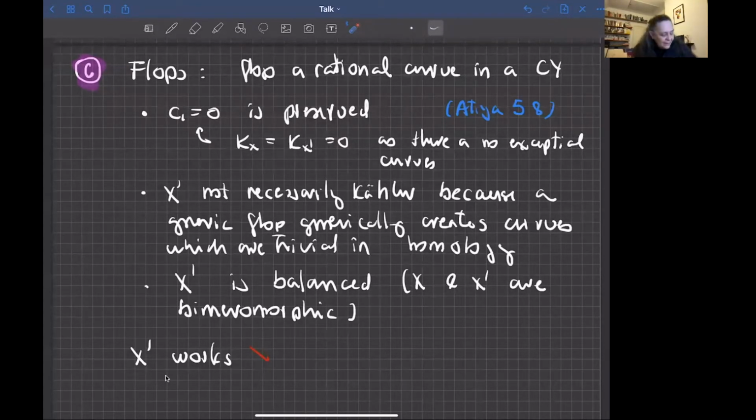But one can prove that X prime is balanced, by the theorems of Alessandrini and Bassanelli, because X and X prime are bimeromorphic and related just by a flop. So any Calabi-Yau with a flopped rational curve will, in principle, be one of these examples that has a heterotic structure.